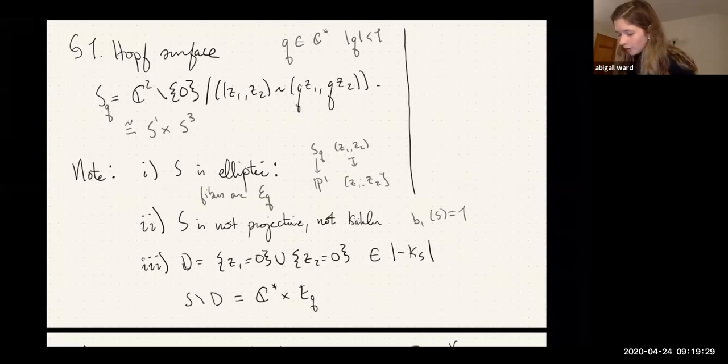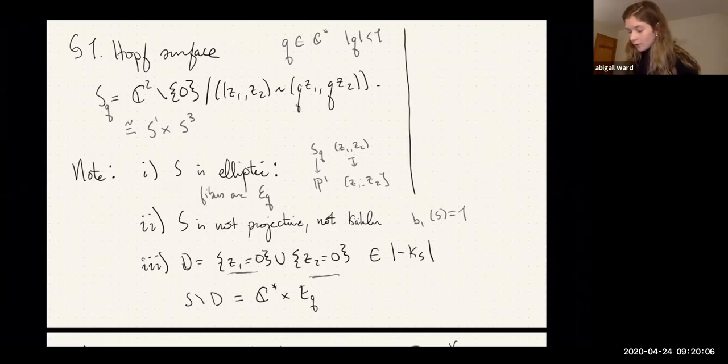And then the other property I want to note of this thing is that if you take away the elliptic curves that you get by quotienting the coordinate axes, the Z1 equals 0 axis and Z2 equals 0 axis, then first of all, the union of those two axes is anti-canonical, and if you take it away, you get an open Calabi-Yau surface.